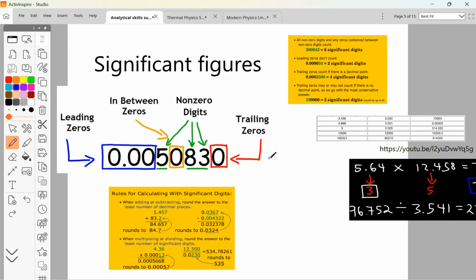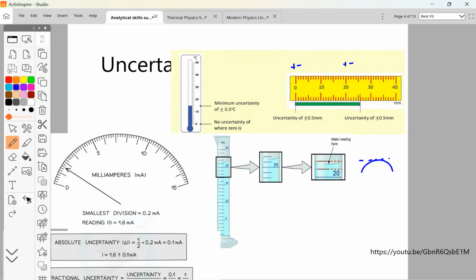And then zeros at the end that are not followed by values, they are not significant. So for this value, we would have 1, 2, 3, 4 significant figures for this example that I've got here. So please remember that you must give your answer to the correct number of significant figures every single time.